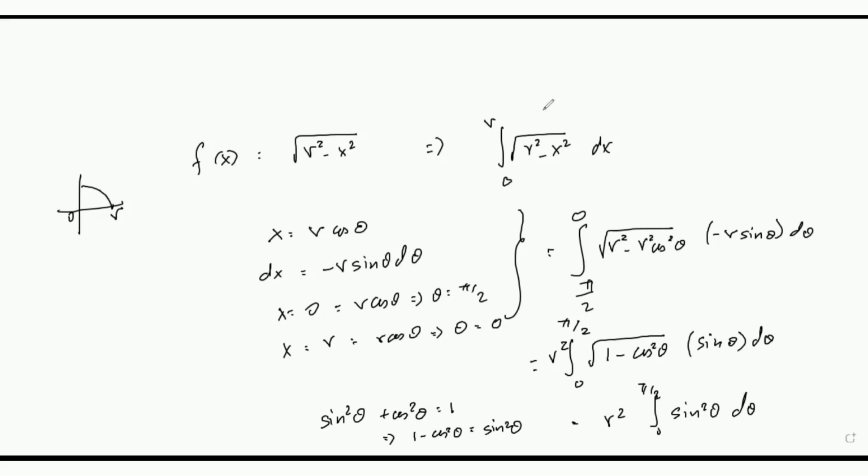All right, so we are stuck with the area equal to r squared, the integral from 0 to pi over 2 of sine squared theta d theta.